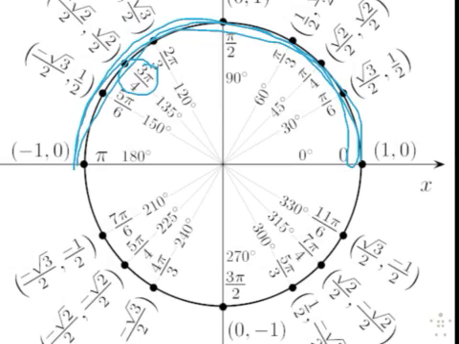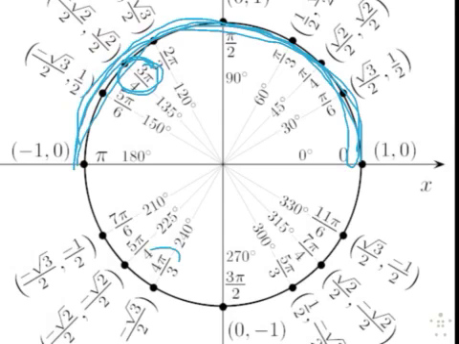Range. The domain is you can plug anything into it, but your answer has to be in this range right here. So is 3 pi over 4 in it? Yes. It sure is.